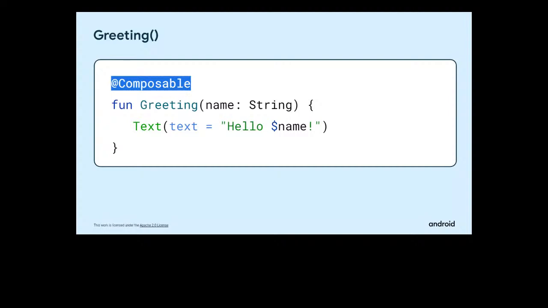So what this actually means is you're telling both the integrated development environment as well as the reader that this function has a special meaning. Apart from Jetpack Compose, there are other annotations. We call these annotations.